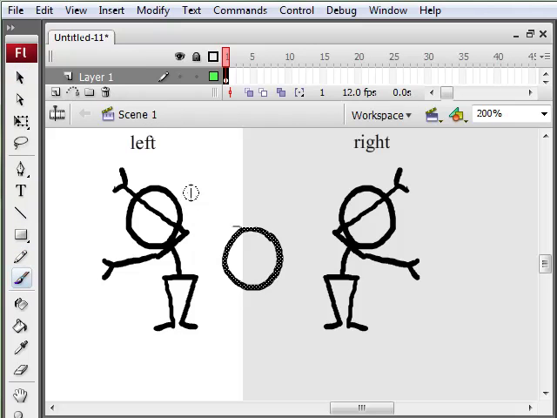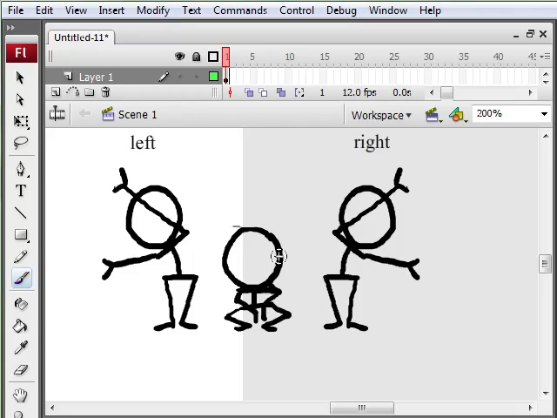So if you notice, here we have the character standing. So now in the breakdown pose, I'm going to have him kind of squatting. And notice his arms are facing to the left and sort of uppish, up and to the left, and they're sort of wide apart. So now I'm going to have them crossed and facing down.